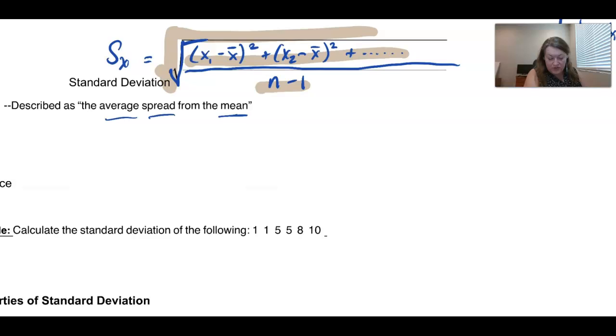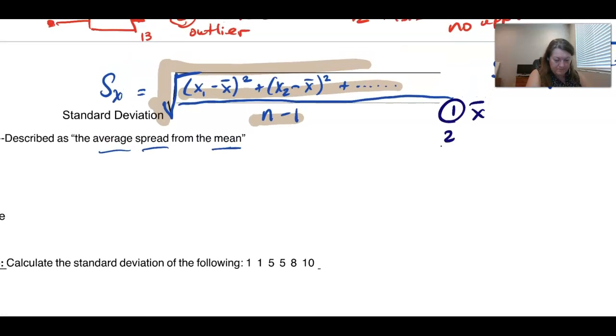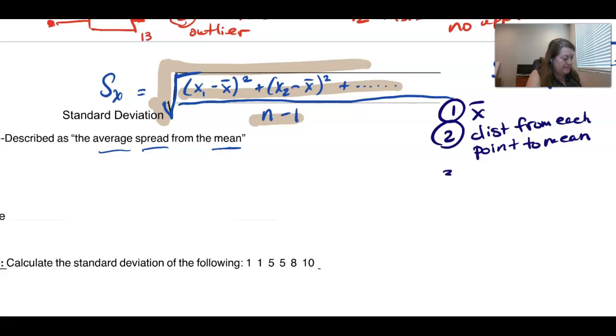All right, so let's go and find one. Step number 1 is you need the mean. You've got to find the mean. Step number 2, you're going to have to find the distance from each point to the mean, and then step 3, you're going to square each from step number 2.